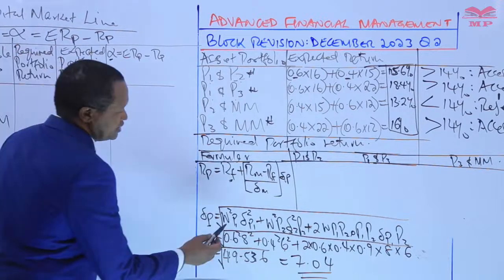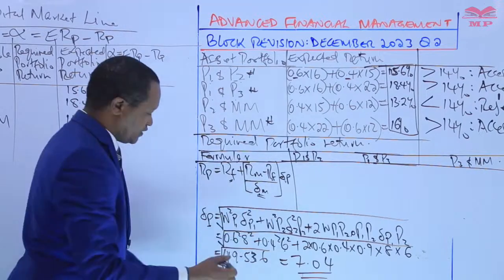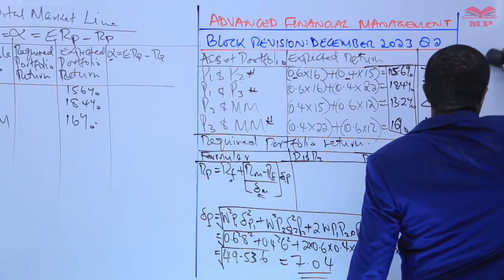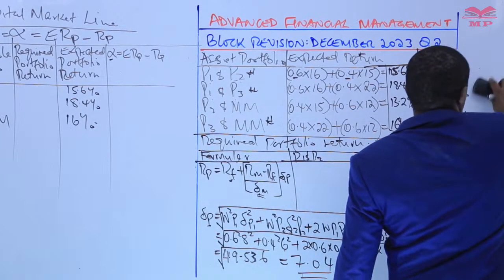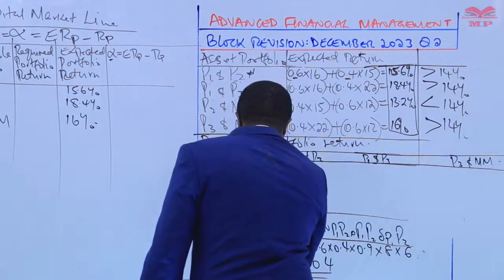Then we determine the standard deviation of the market, which is not provided within the question. Now to calculate it, here is the formula.